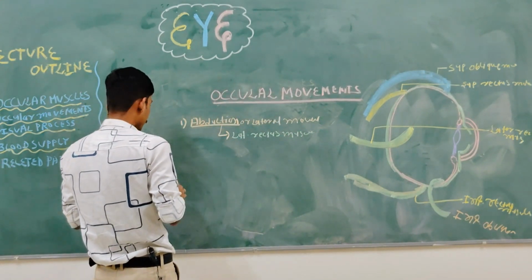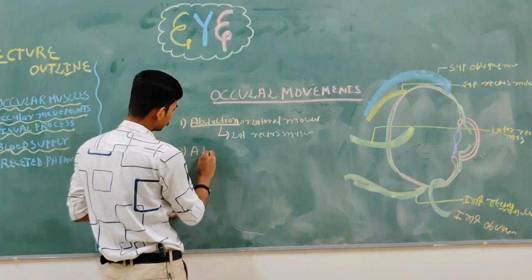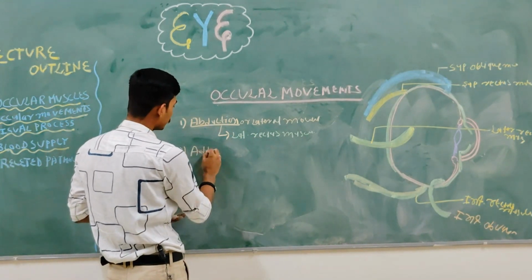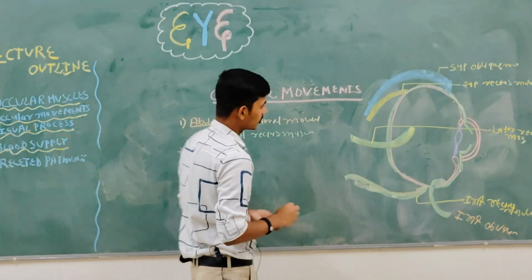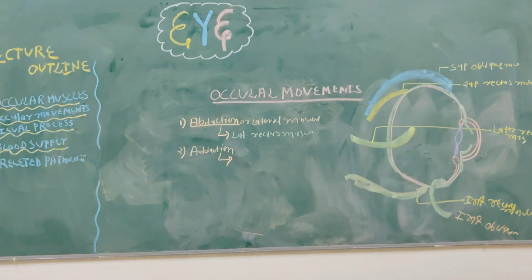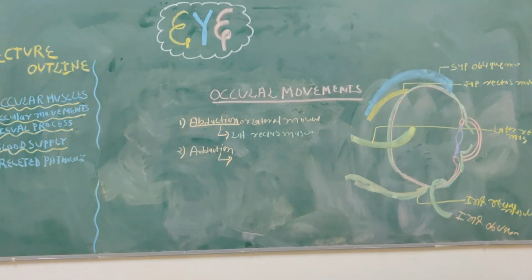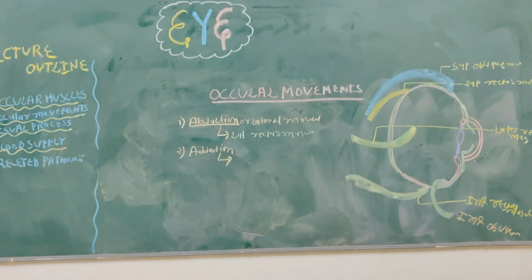Now the other kind of movement is adduction. This is abduction, or lateral movement. Now another one is adduction. In adduction, there will be a contraction of the internal, or medial, rectus.